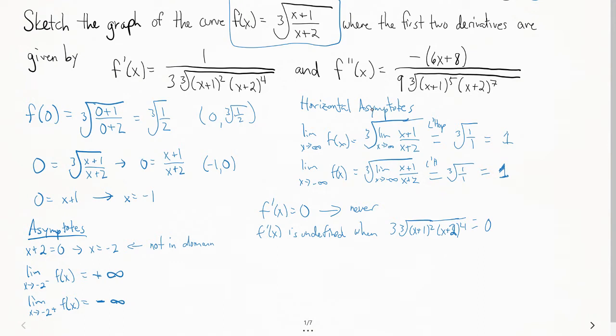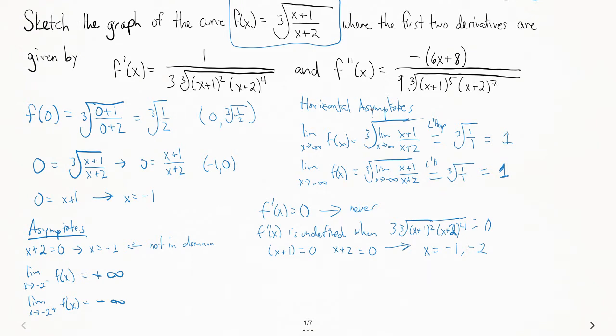Well, notice you can get rid of the 3, you can get rid of the cube root, and so basically all this boils down to it's undefined when x plus 1 equals 0 and x plus 2 equals 0. So that means this is undefined when x equals negative 1 and also negative 2. Okay, makes sense on the negative 2 because you have an asymptote there. It should probably be undefined. Otherwise we had something interesting happening.